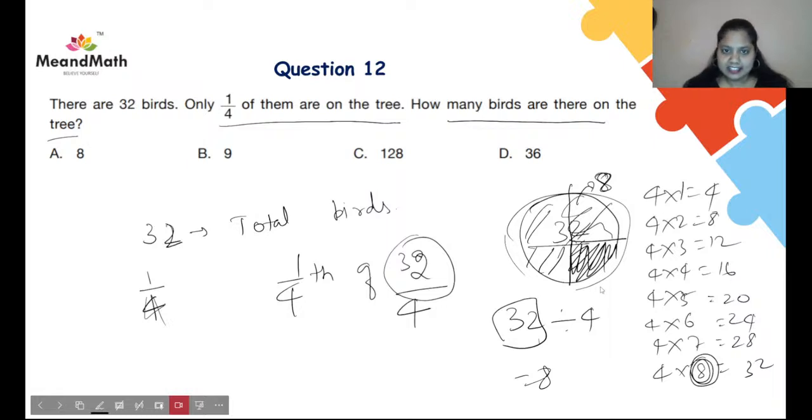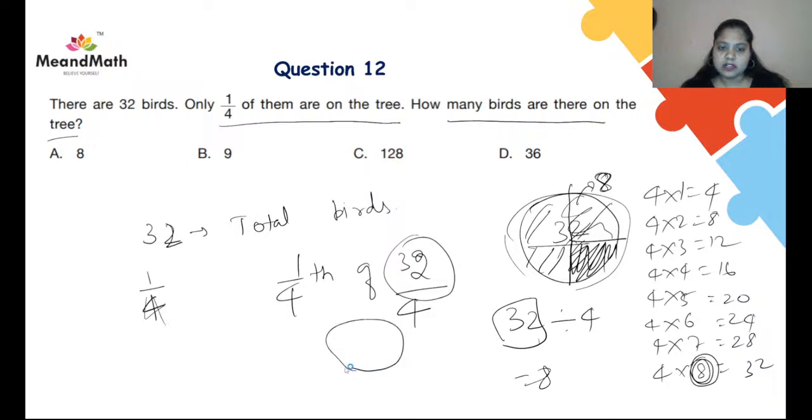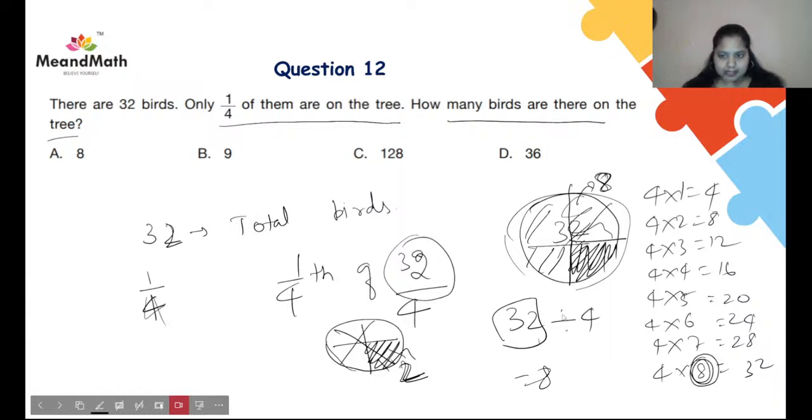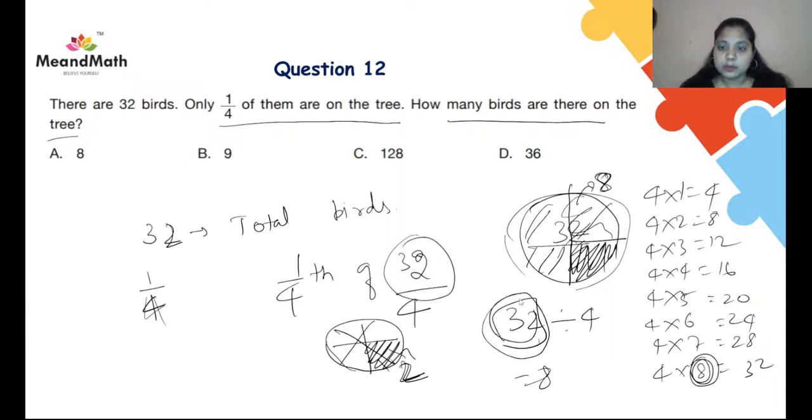Okay, understanding? Imagine we have an 8-piece pizza here. If you are going to divide this into 1/4, we can see that 2 pieces make 1/4 of this 8 parts. Similarly, if you are dividing this 32 by 4 into 4 equal parts, when each part is 8, only then it becomes 32.